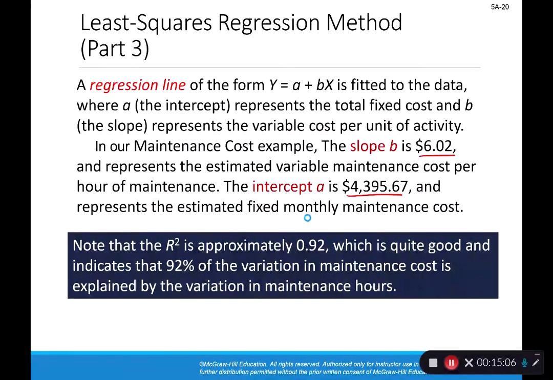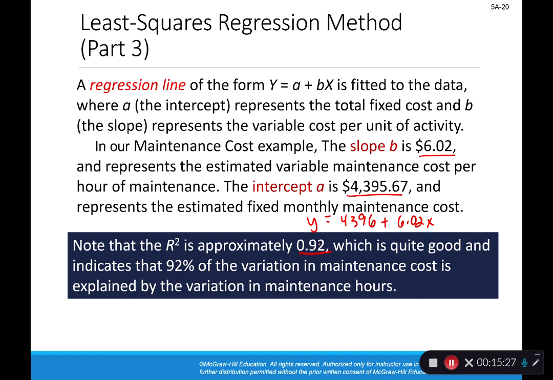And our cost equation would be y equals 43.96, I'm rounding, plus 6.02x. And then we can use that to predict cost at any level of activity. If the output gives us an R squared of 92, that's the goodness of fit, and 92% is pretty good.